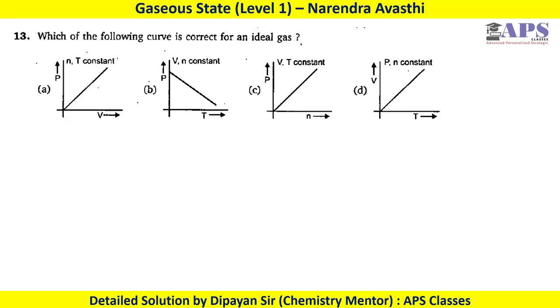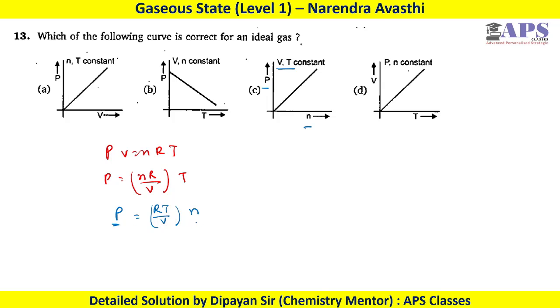In question number 13, we know that P V equal to n R T, or P equal to n R T by V. So if we plot number of moles versus P, with V and temperature constant, P equals R T by V multiplied by n.